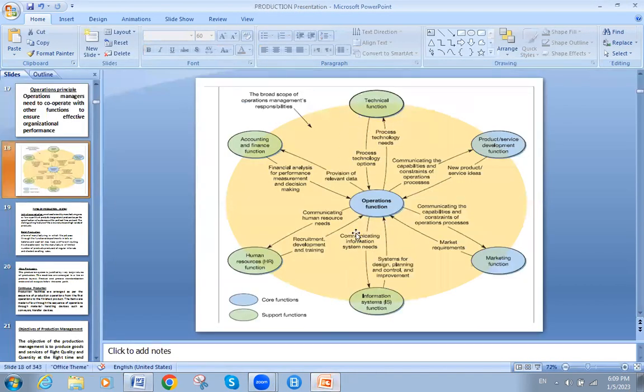Like the operation function works with the product and service development, with the technical functions, with the accounting department, with the human resource department, with information system department. So it is related to all the activities in the company. The production department is not independent as a department, but in the activities, it relates to all other departments and works with them.